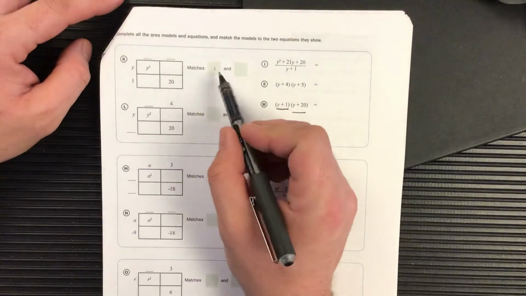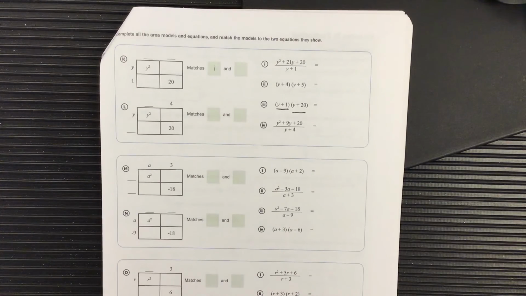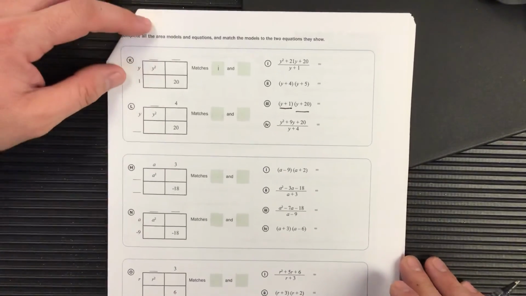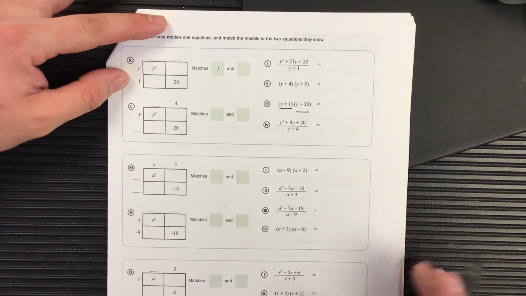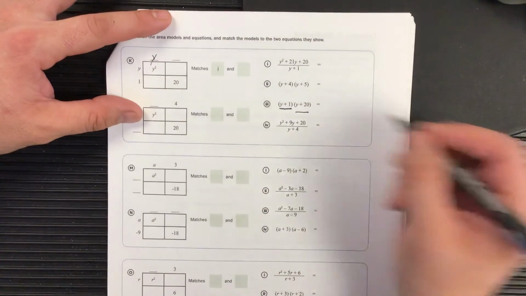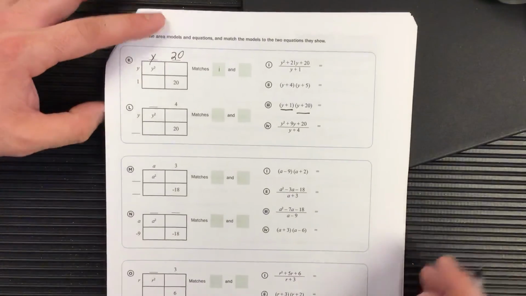But fill in these and write what it matches. So let's do letter K together. What goes on top of K? Y. And? 20. Either box, please. 20Y, and then there's 1Y.